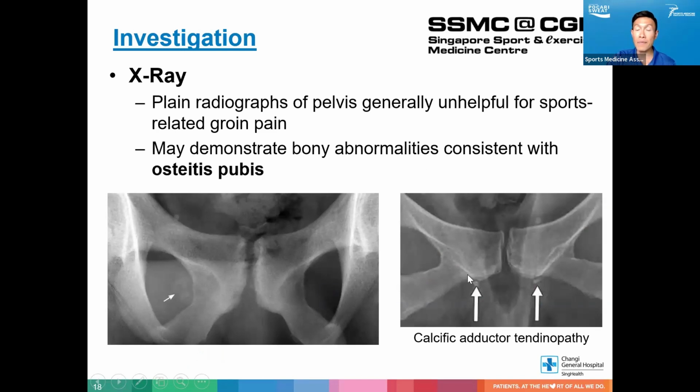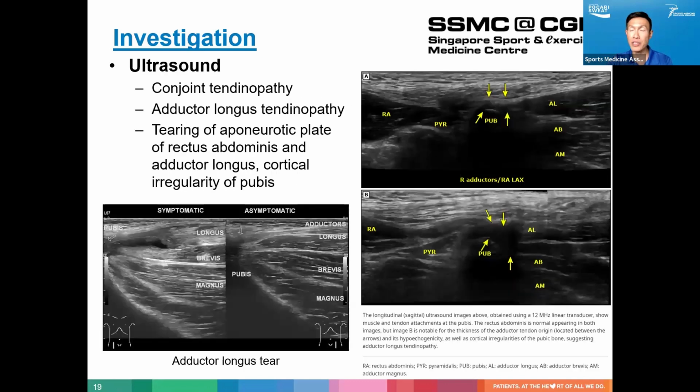If you are suspecting adductor tendinopathy and there is some chronicity involved, we also look out for calcific foci over this region where the adductor tendons insert. But generally there are not many findings, because a lot of it is a soft tissue injury, so the bones are quite intact.